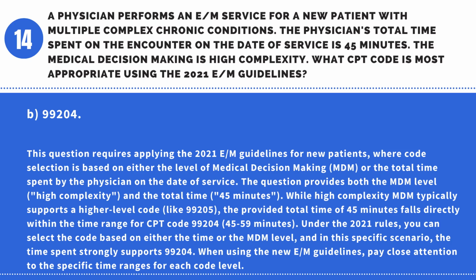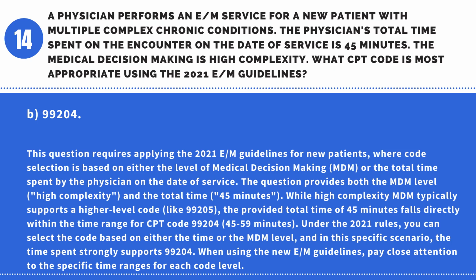Let's reconsider the time ranges for 2021 new patient E/M. 99202, 15 to 29 minutes. 99203, 30 to 44 minutes. 99204, 45 to 59 minutes. 99205, 60 to 74 minutes. The patient time is 45 minutes.